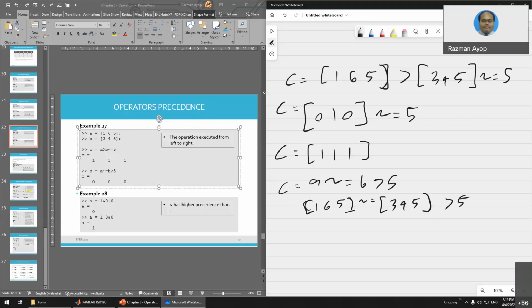and more than 5. Of course, because these are the same precedence, the same level, you follow the order: brackets, order, division, multiplication, and so on.